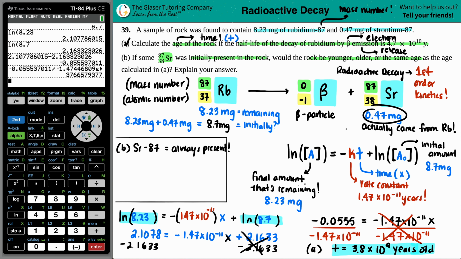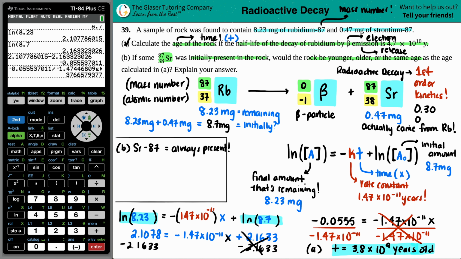That means that you would basically have a lesser amount that came from rubidium, right? Because let's just pretend that out of this amount, some was initially present, maybe we'll say that 0.30 was initially present. That means that 0.17, because we add the two together to get 0.47, that means that only this amount was coming from the rubidium.